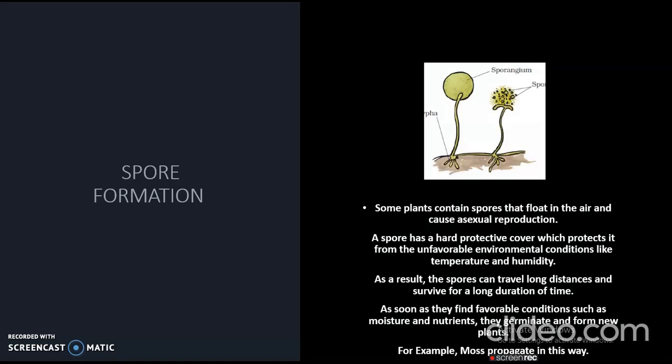As a result, the spores can travel long distances and survive for a long duration. As soon as they find a suitable environment, with moisture and nutrients, which are their requirements, they germinate and form new plants. One of the examples is moss.